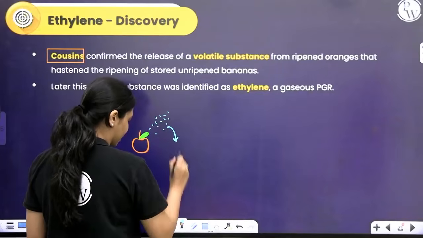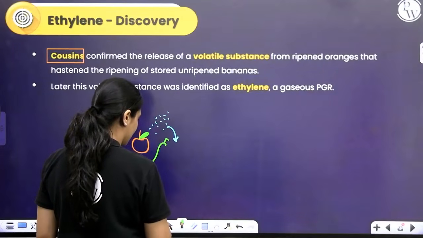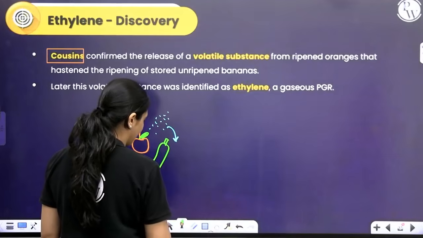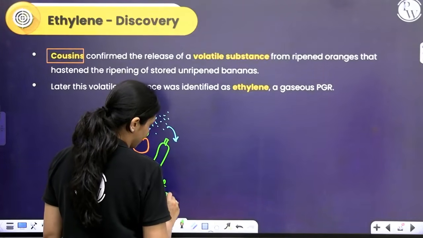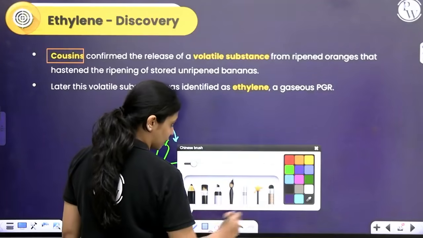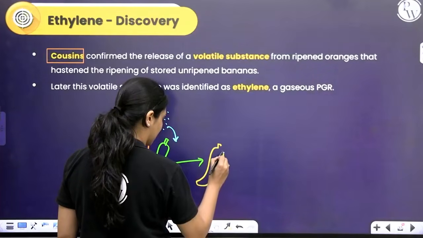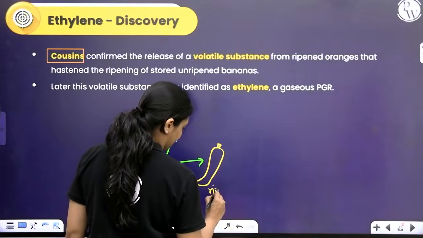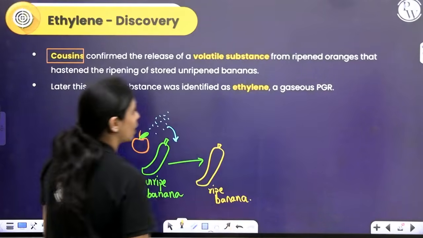Now this chemical could ripen unripe bananas.